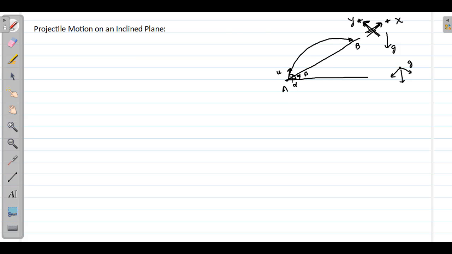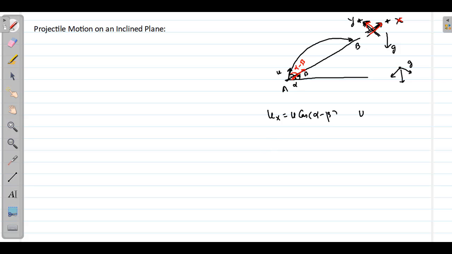That means the component of initial velocity along the plane: now this angle is alpha minus beta. This is the x direction, and perpendicular to this is the y direction. So ux is u cos(alpha minus beta).